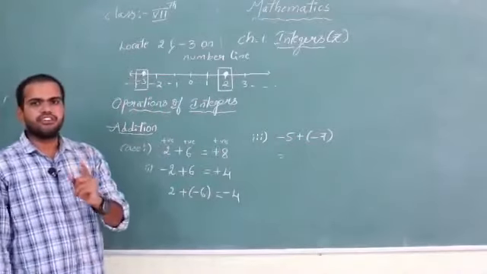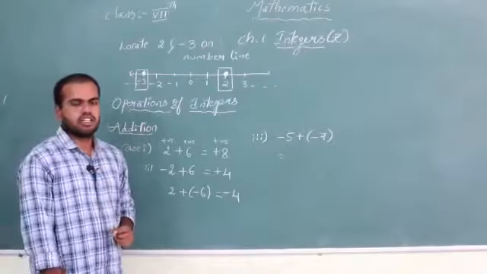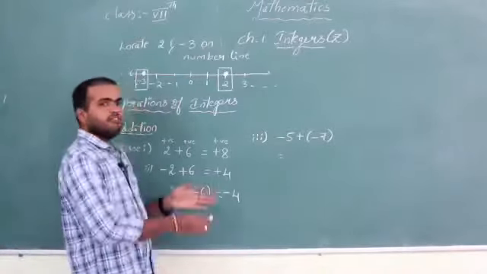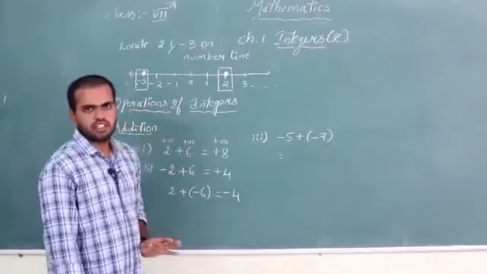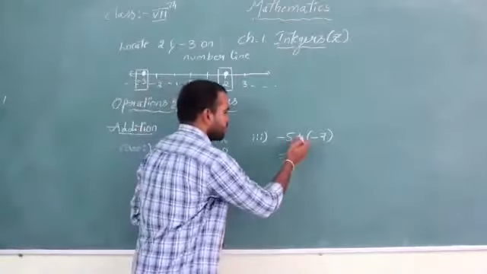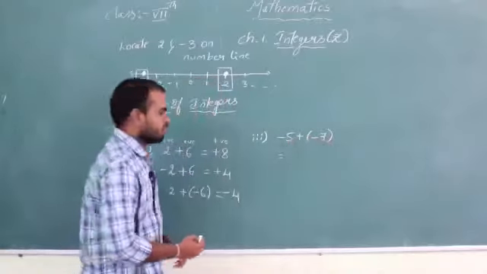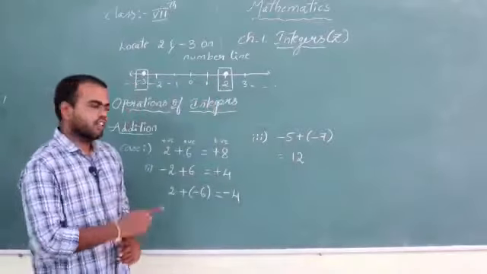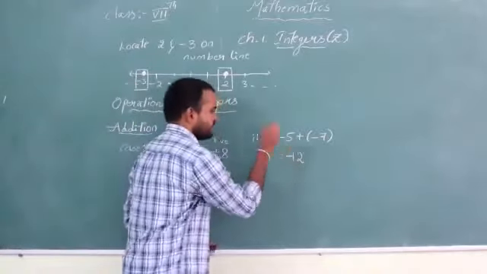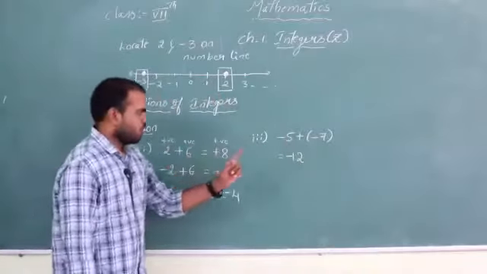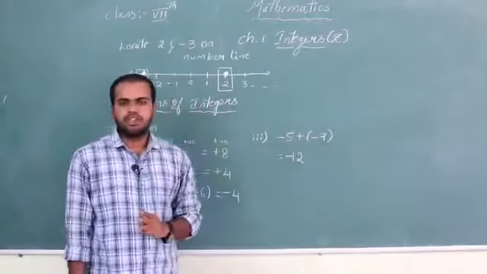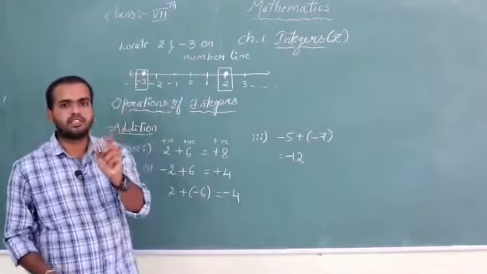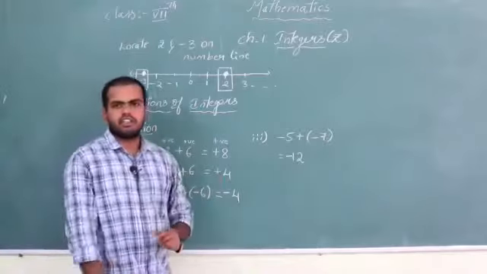Whenever we are adding two negative numbers, we have to add the numbers first. So 5 plus 7, how much will you get? It is nothing but 12. And which sign do we take? We take minus. So if you are adding two negative numbers, we add the numbers and take the negative sign for that number.